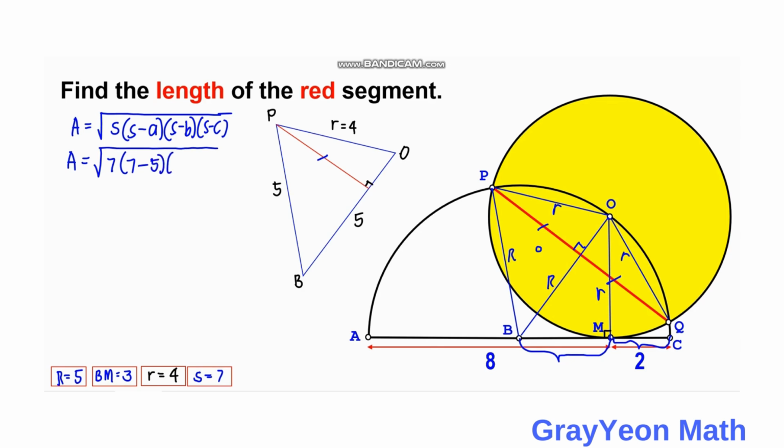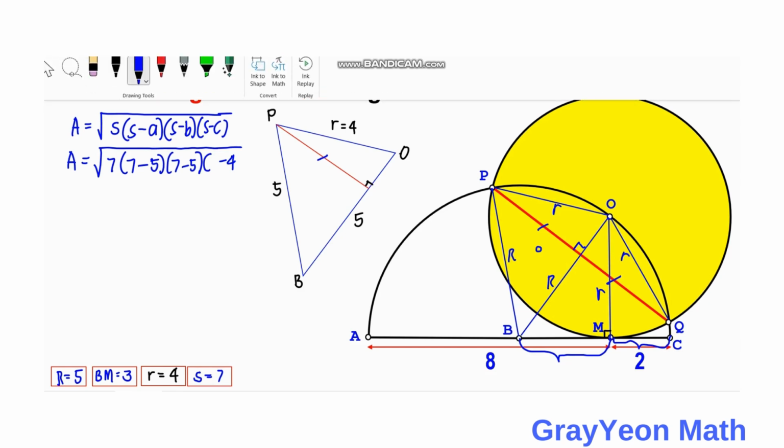Since there are two 5s, we need to repeat, and S minus 4. S should be 7 already because we already know this. So 7.